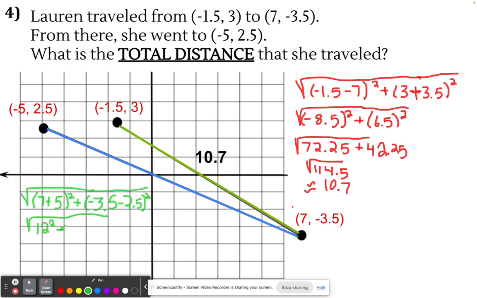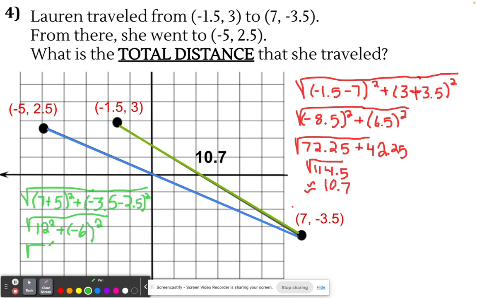Plus negative 3.5 and negative 2.5 is negative 6 to the second power. I believe that's right. For some reason, I'm doubting myself. Yep, I'm right at negative 6.